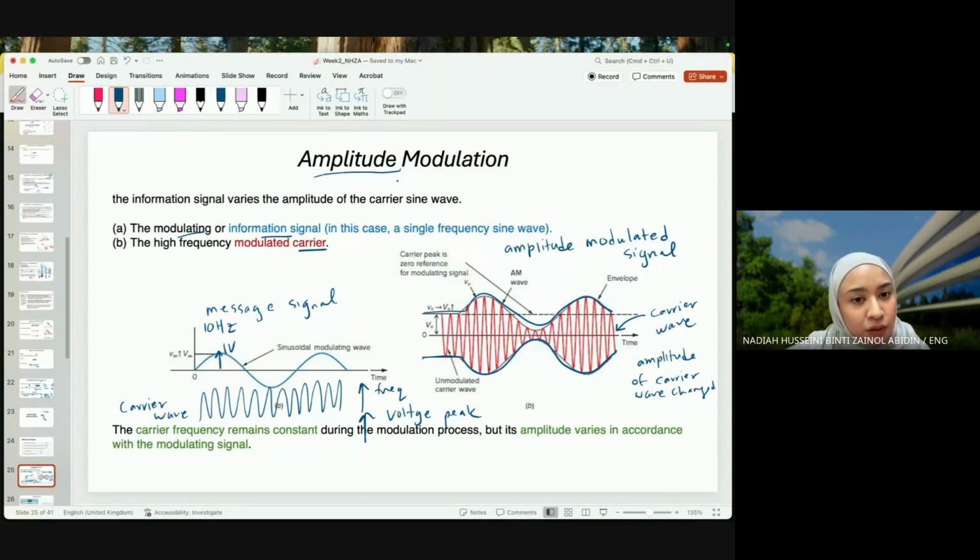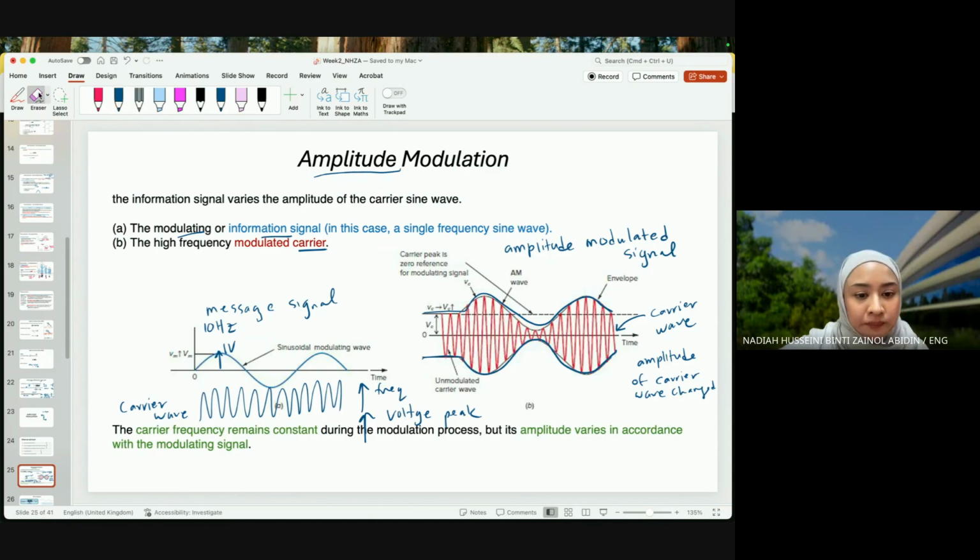What is the condition for a carrier wave? The carrier wave needs to be higher in amplitude and higher in frequency than the information signal, message signal, or modulating signal. The carrier wave needs to have a higher peak, higher amplitude, and higher frequency. When these two conditions are met, we can modulate this signal and transmit.